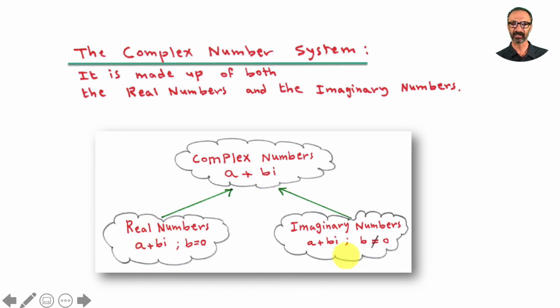But if b is not 0, that means it stays with you. You have bi. That creates another set, called imaginary numbers. The real numbers and the imaginary numbers that we imagine together give us a system that's called the complex numbers.